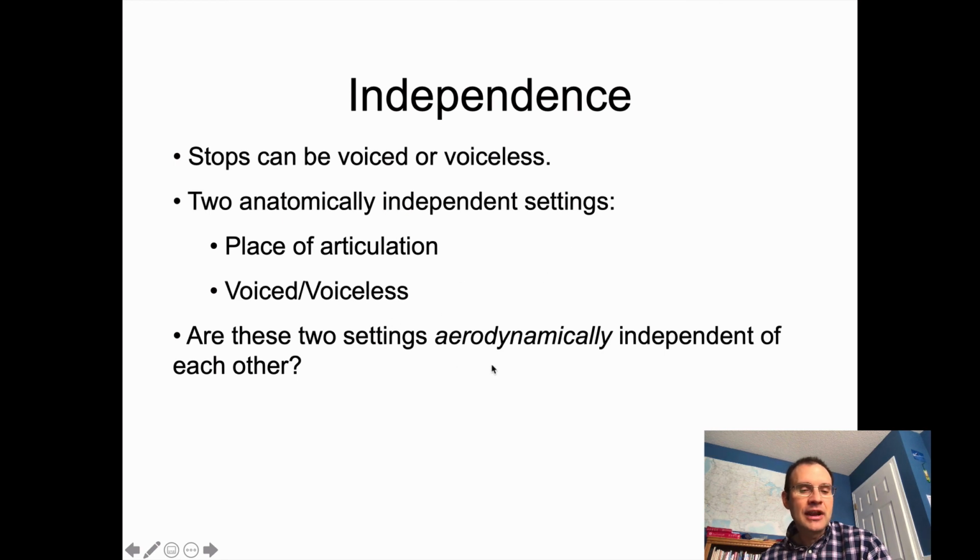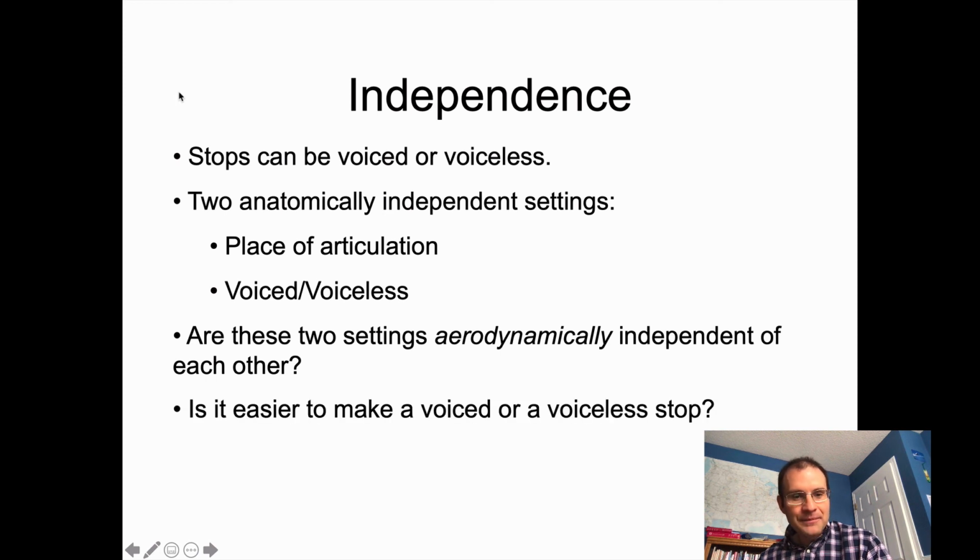But what happens to the airflow when you do that? Is the airflow going to be independent of what is happening above the glottis or below the stop place of articulation? Another way to ask this question is, do you think it's easier to make a voiced stop or a voiceless stop? I'll let you puzzle over that while I take another swig of water.